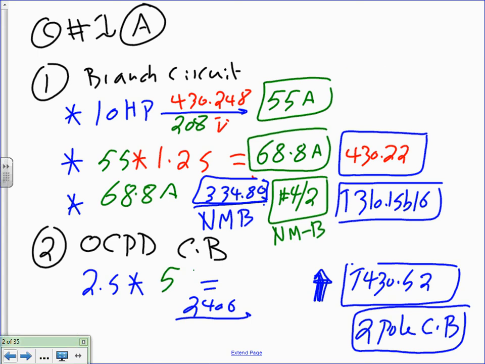Multiplied by 55. Who's my favorite A student who's going to give me an answer in another second? 2.5 times 55. What table was that? This is table 430.52. 137.5 amps.